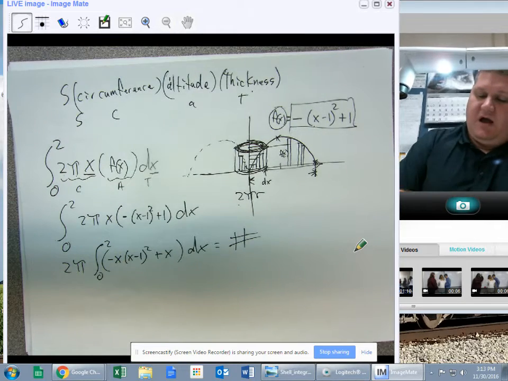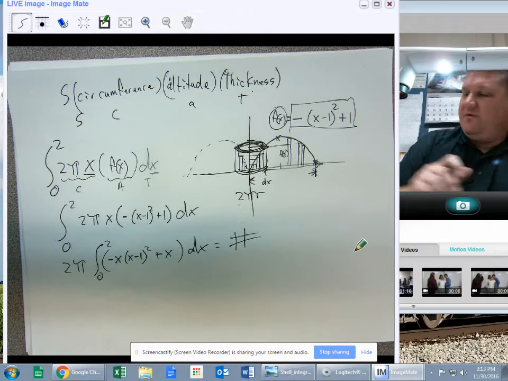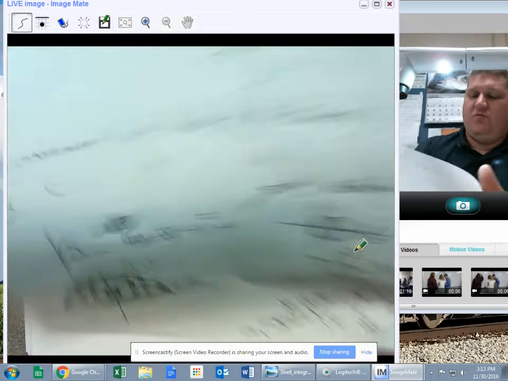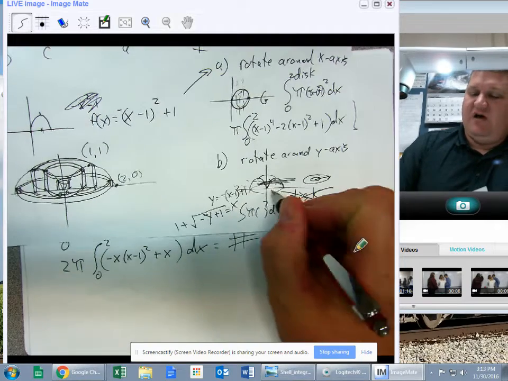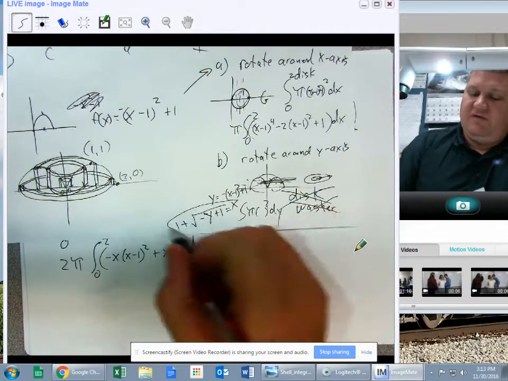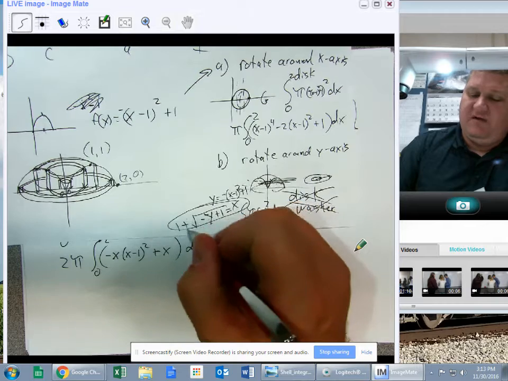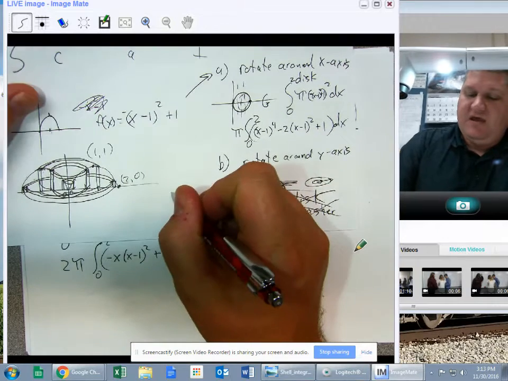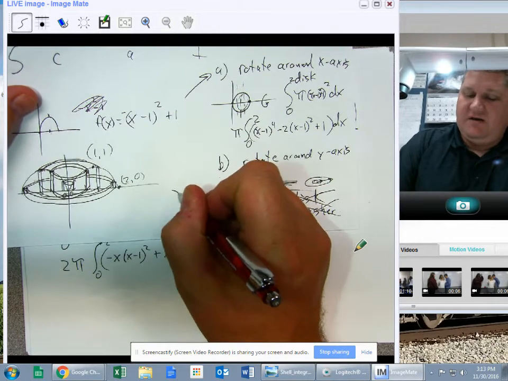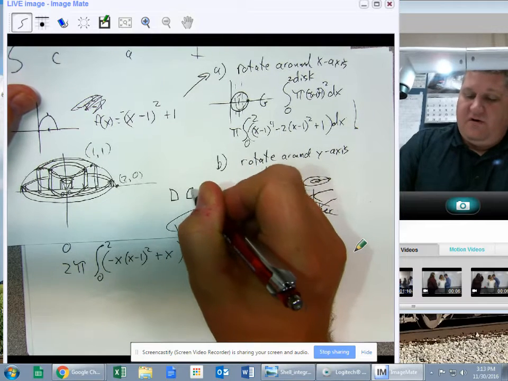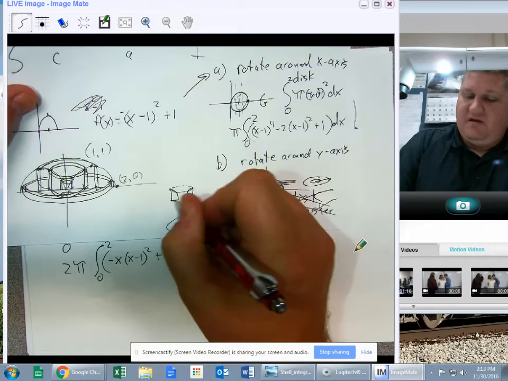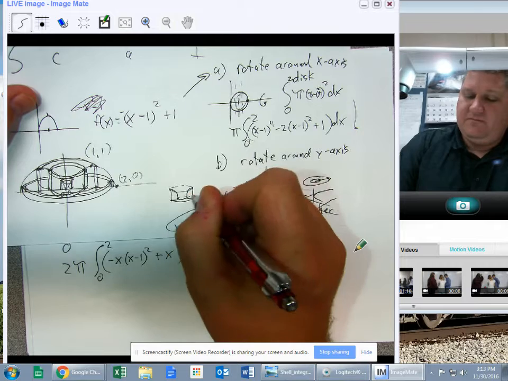Now, I suppose if we wanted to, the only other way we could do this with discs and washers would be to break this up, using both the positive and negative of the square root, and you'd actually have to find this shape first and find its volume.